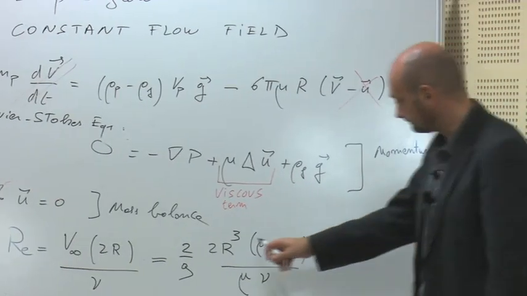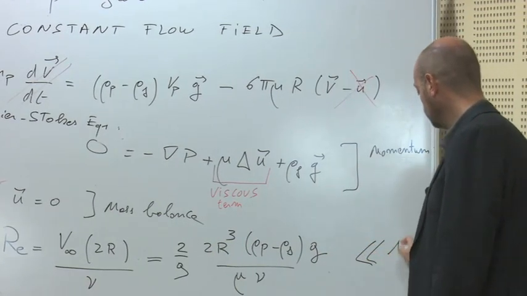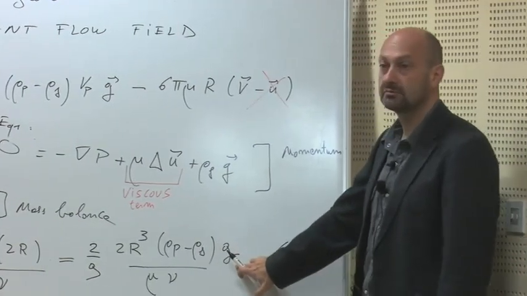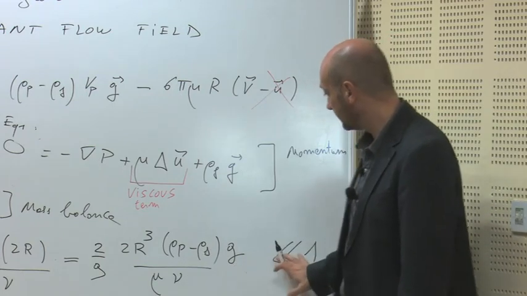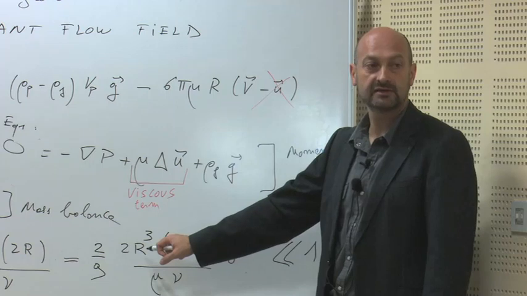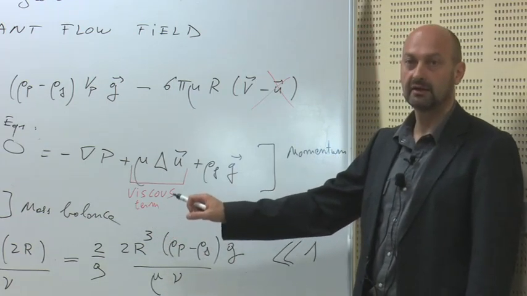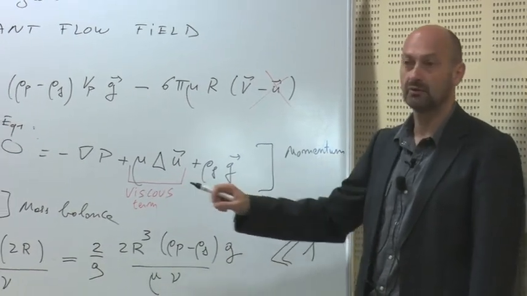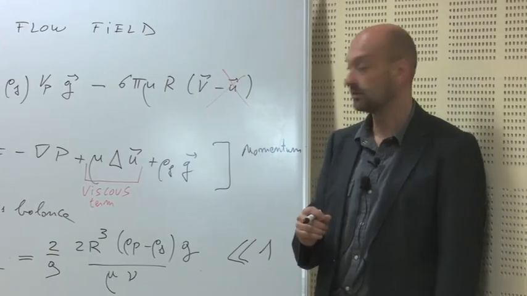Okay, so you see that this has to be much smaller than 1. You cannot play on G, G is constant. So if you want to make it small, you can play on the size. And it is very efficient to play on the size because you see it's R cubed. So if you divide your particle size by 10, you will divide the Reynolds number by 1000. So you will reach a small Reynolds number very easily.